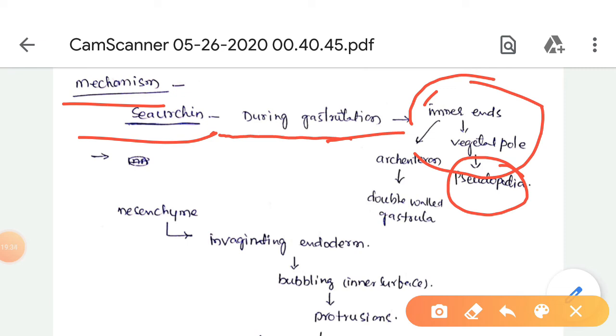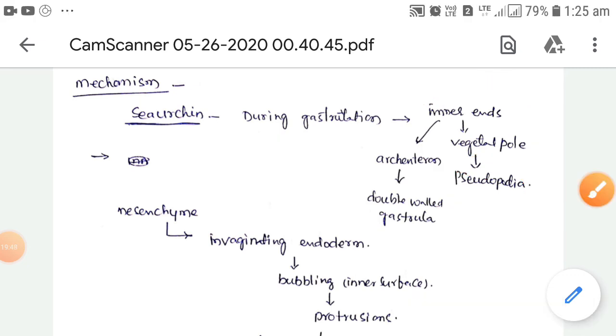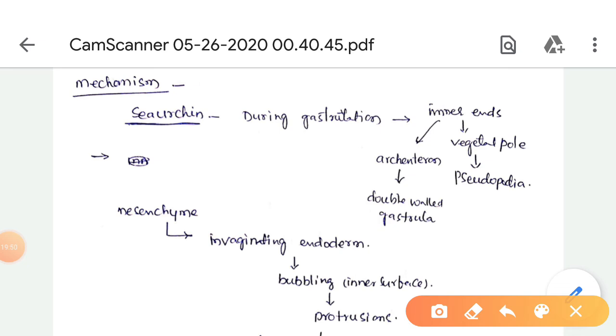These inner cells develop many pseudopodia. This results in a change of the shape of these cells, and the inner ends of these cells are expanded and protruded and the vegetal pole is drawn inwards.